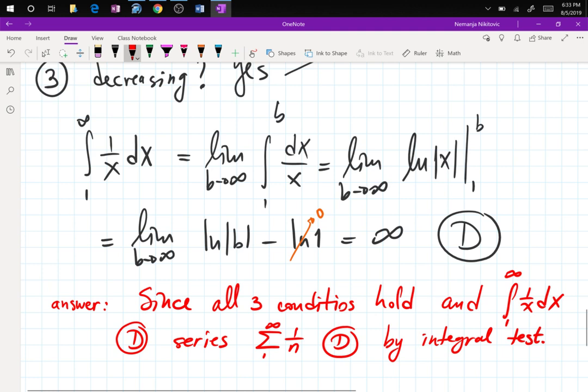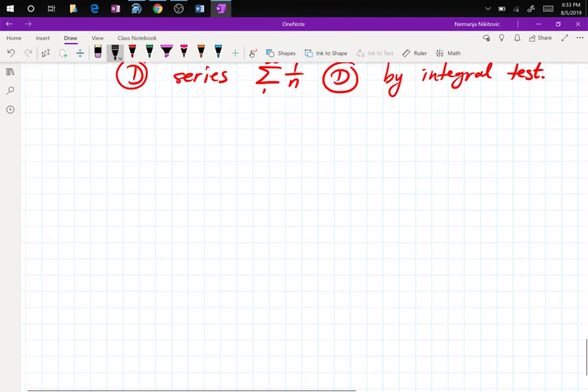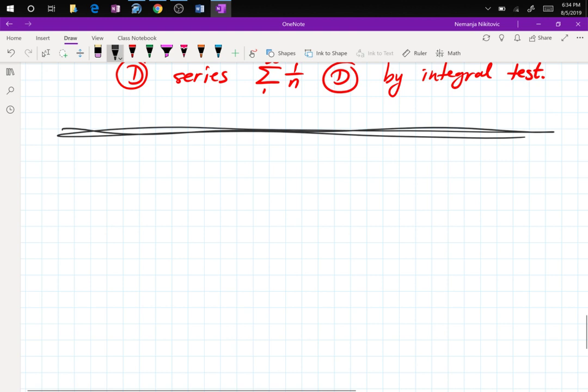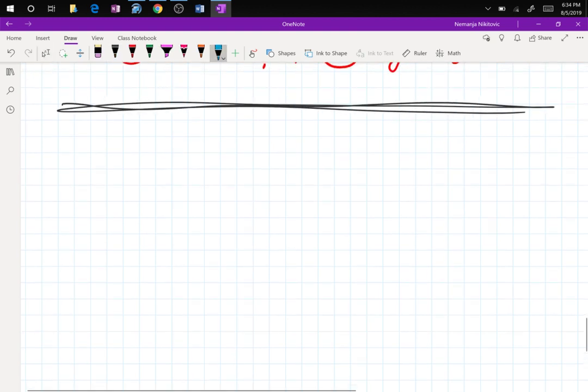Now, what we discovered here is that the series 1 over n is divergent. So these are the things that you guys have to sort in your head now, because it is important. Here we go.